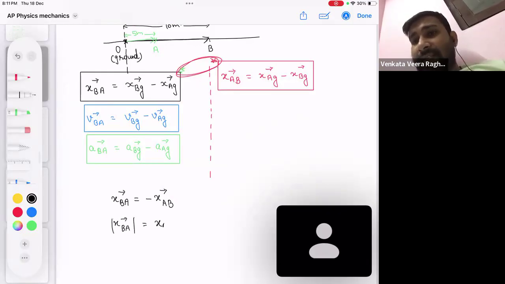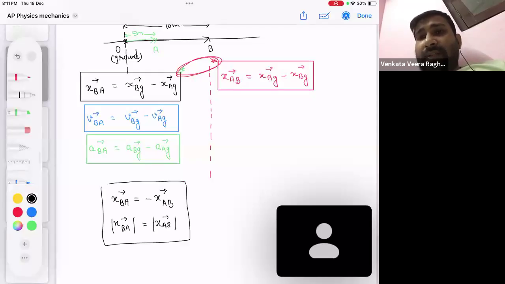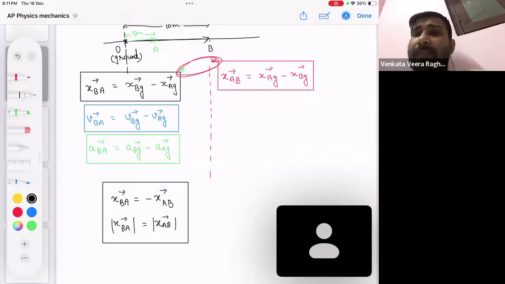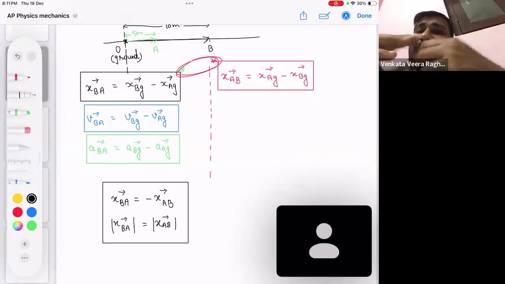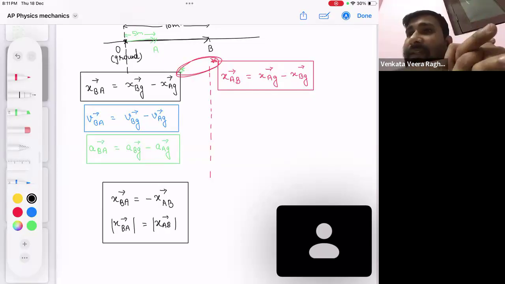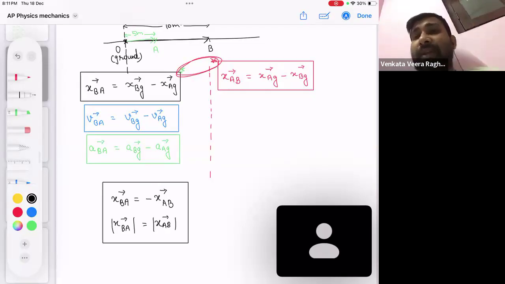Do you understand this? Magnitude wise, whether you calculate B with respect to A or A with respect to B, it's the same thing. So what is different in these two vectors? The direction of these two vectors is different. Understand?